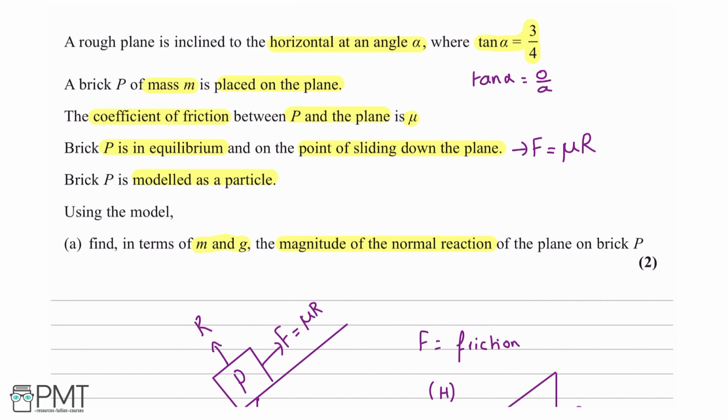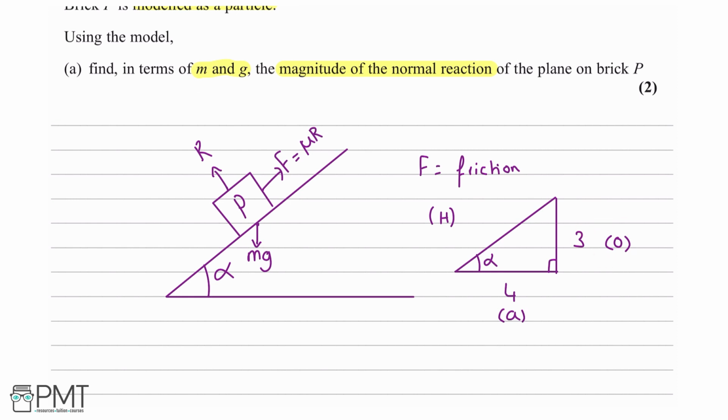This means 3 is our opposite and 4 is our adjacent. This is a classic case where the examiner won't give you the exact angle of alpha, but they'll give you enough information to work out the sine of alpha and the cosine of the angle exactly. So let's proceed with solving this.